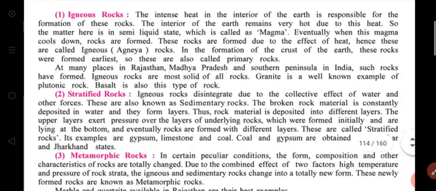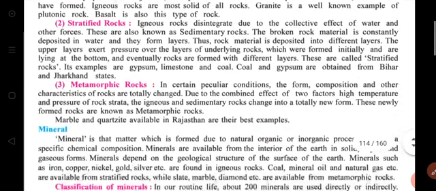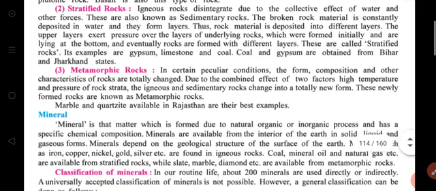Then, in detail, first, the interior of the earth is responsible for the formation of igneous rock. Due to the heat, the matter in the very interior is in a semi-liquid state, which is called magma. Then, stratified is the collective effect of water and other forces, and is also known as sedimentary rocks.